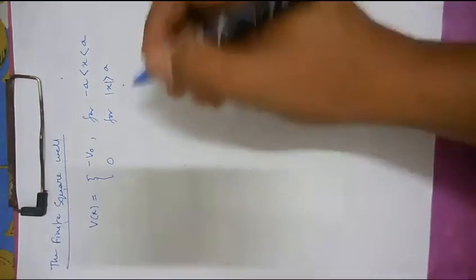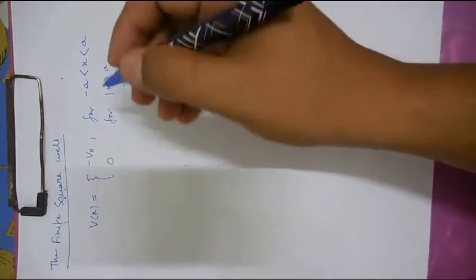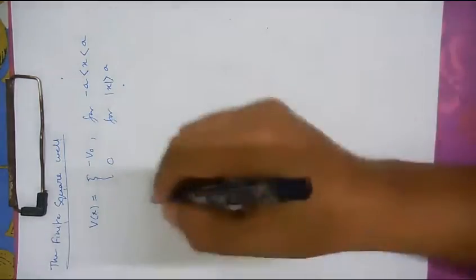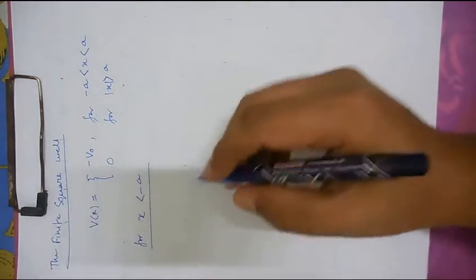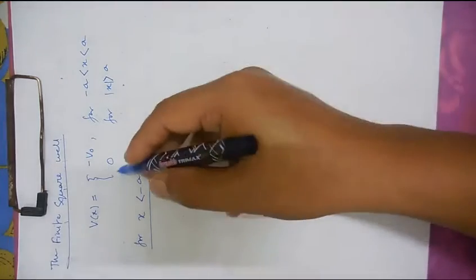First we will find out the wave function for the region where the magnitude of x is greater than a, precisely for x less than minus a. Here you can see the potential is 0.